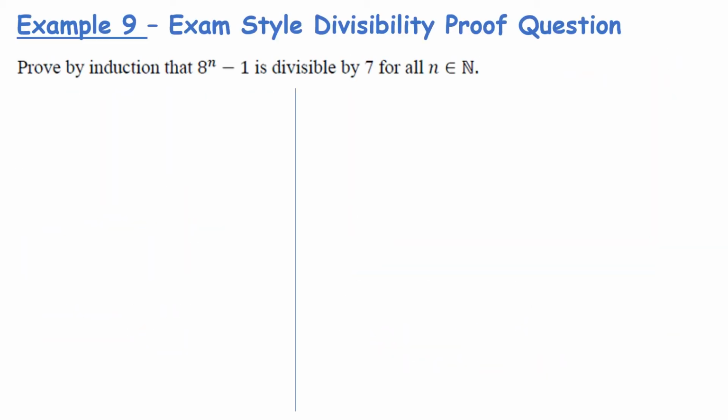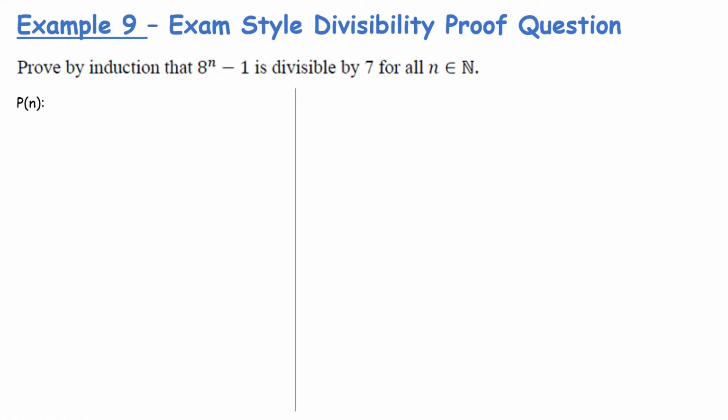So final example, example 9, is an exam-style divisibility proof. So we're back to something to a power where n is the power. So let's go through this. 8 to the power of n minus 1 is divisible by 7 for all n element of our natural numbers.